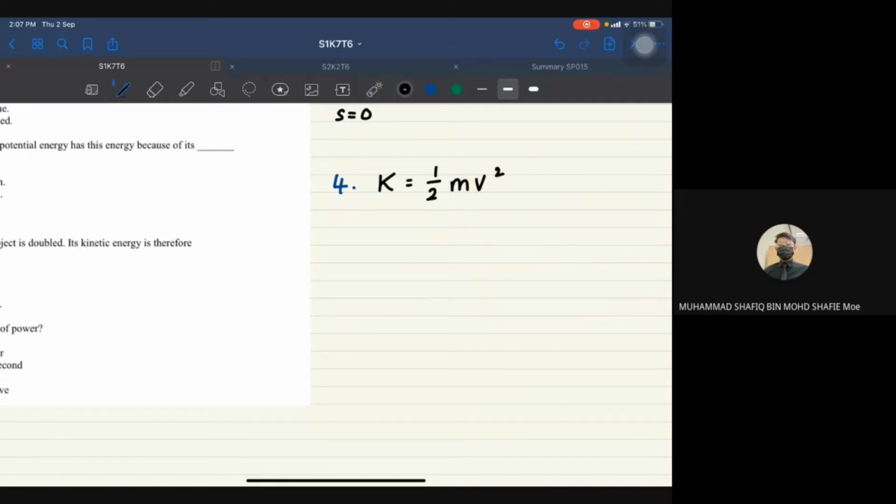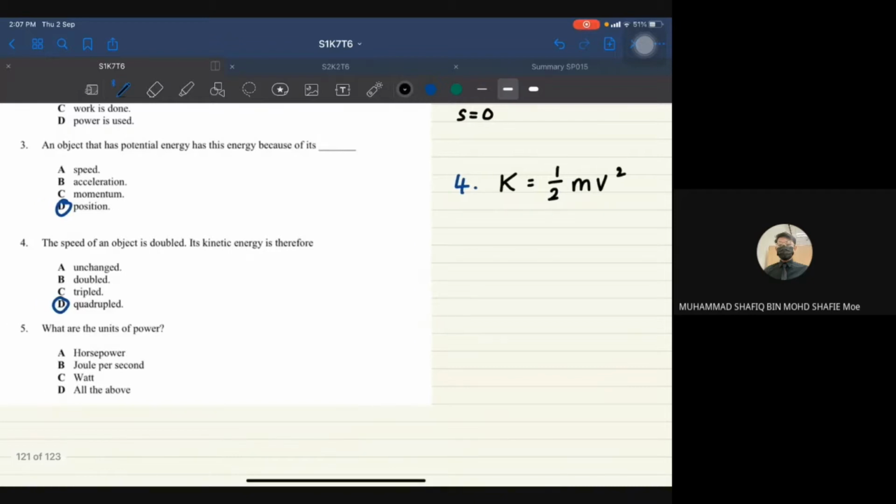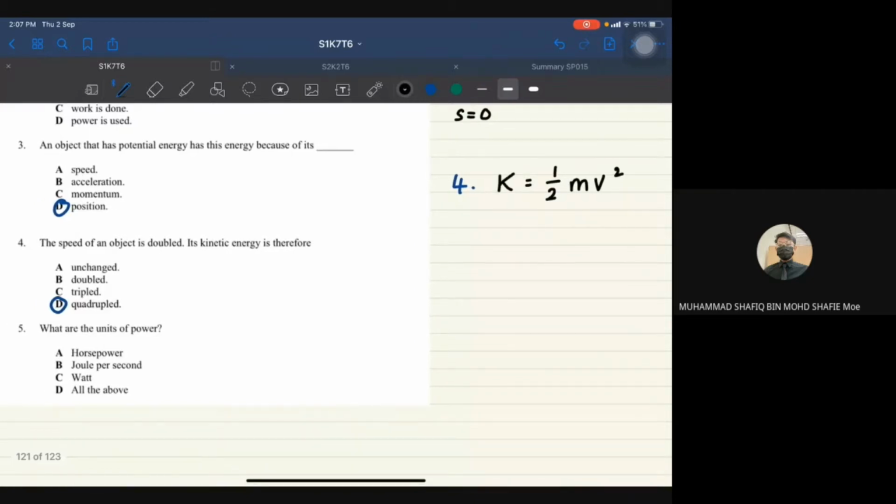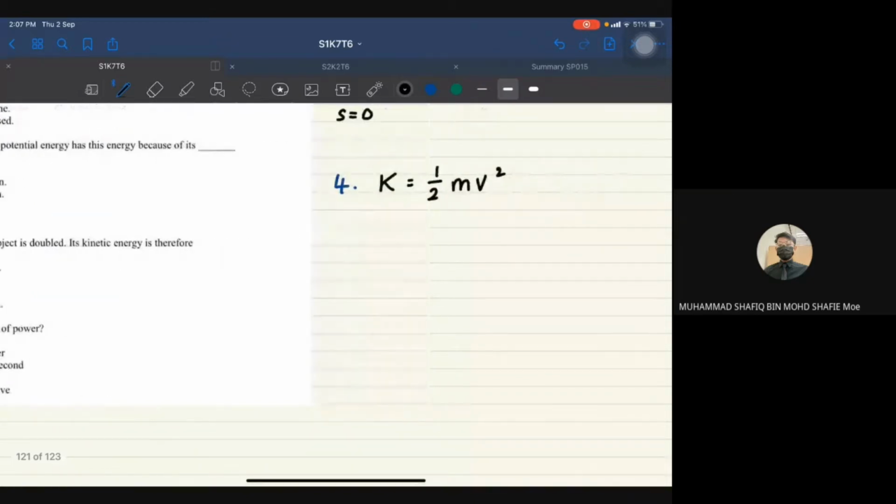But now the question says the speed of the object is doubled. So you have a new kinetic energy, which I put as K prime, the new energy. I have half m, and now a new velocity, which I put as V prime.